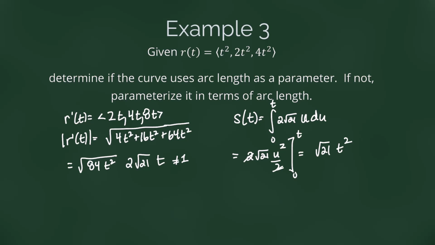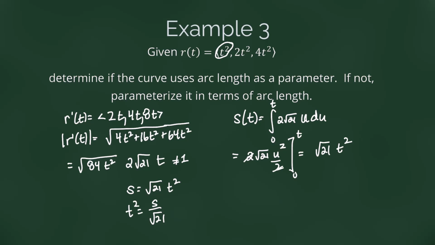So now we know this relationship that s is the square root of 21 times t squared, which means in particular that t squared is s over the square root of 21. We don't need to solve that for t because if you look back at our original function, each of the terms has t squared in it. We can replace that with s over the square root of 21.